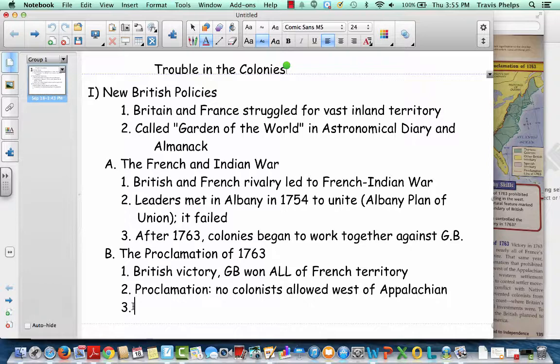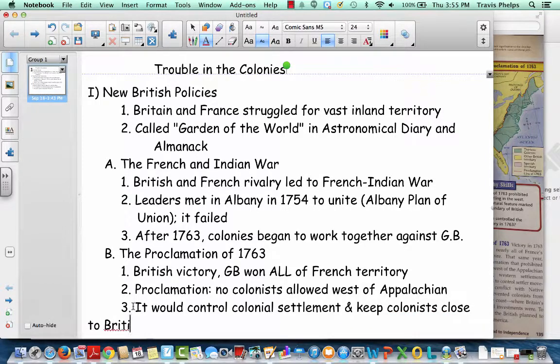So we can say there that it would control colonial settlement, and I'm just going to put "and" right here to make it easy. Keep colonists close to British investments along the coast. And so those are the 2 main reasons why the British did this.